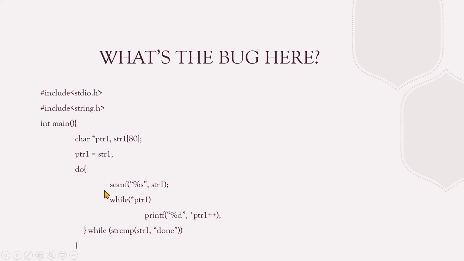Now for the first time, ptr1 is pointing to the first element in str1, so it's fine. But for the second, third, etc. time, remember ptr1 is going to be incrementing by 1. So when it goes back into the loop, we don't know where it is. And therefore, this particular line needs to be moved into the do while loop. Right? So I hope that's clear.